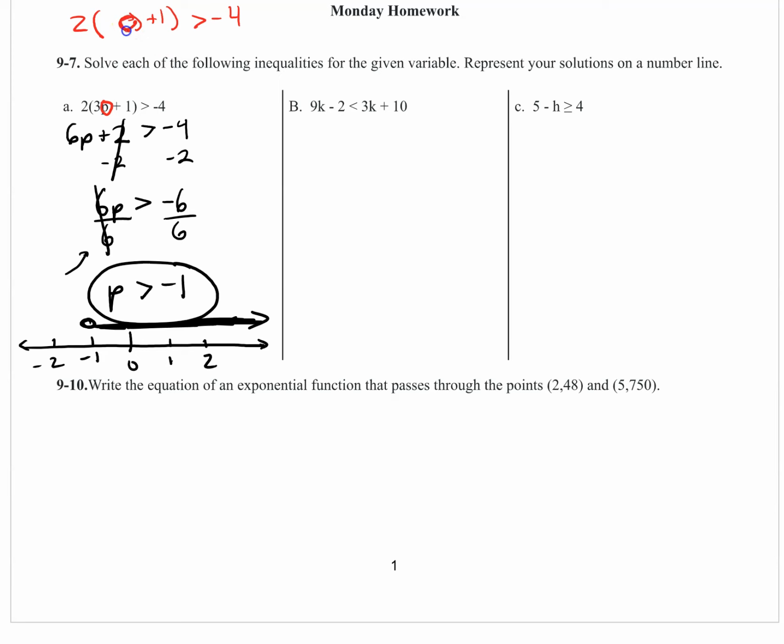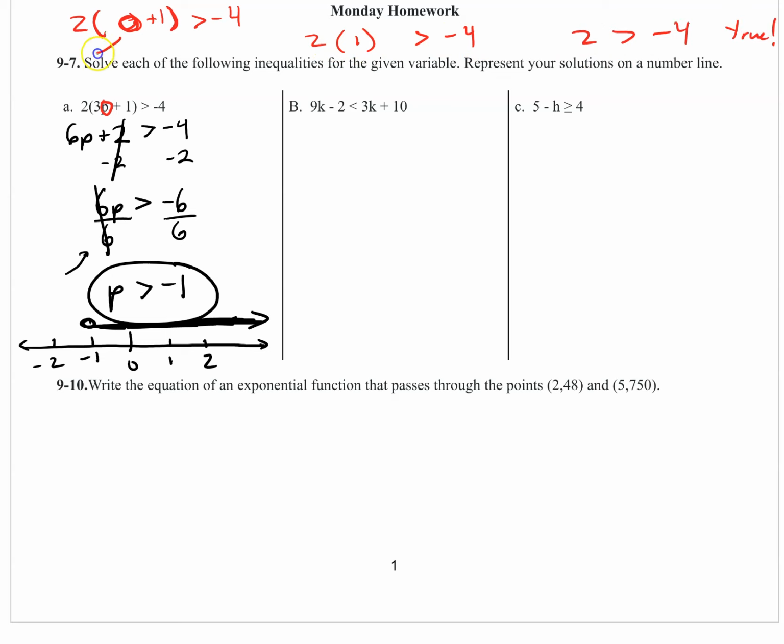I'm going to go inside the parentheses first. Thinking about PEMDAS, P stands for parentheses. So you multiply that, and then I add 1. So I get 2 times (0 plus 1), which is just 1, is greater than -4. And 2 times 1 is 2. 2 is greater than -4, and that's true.